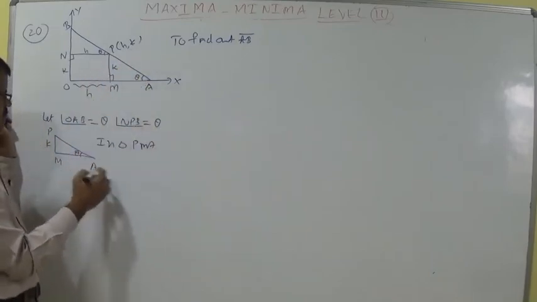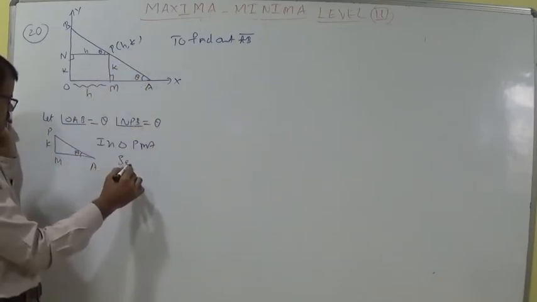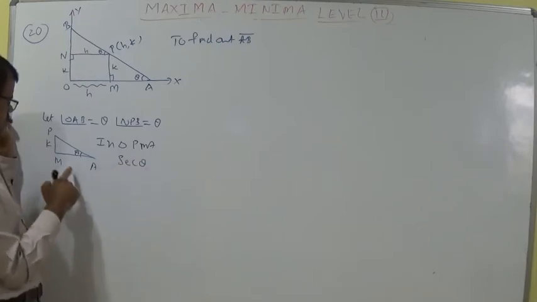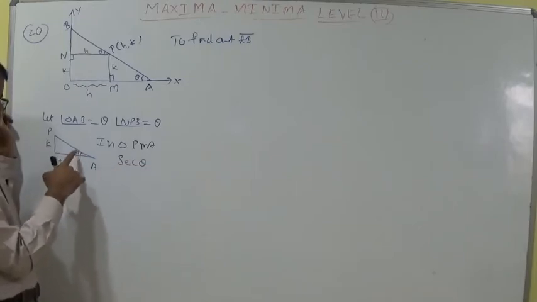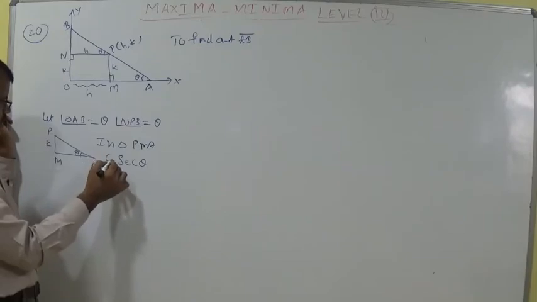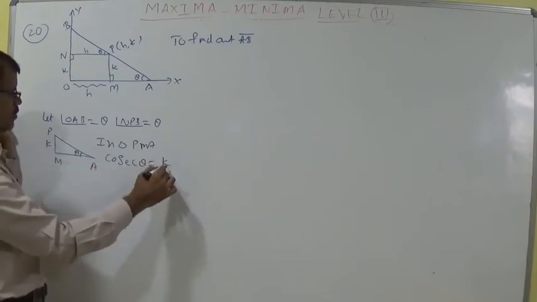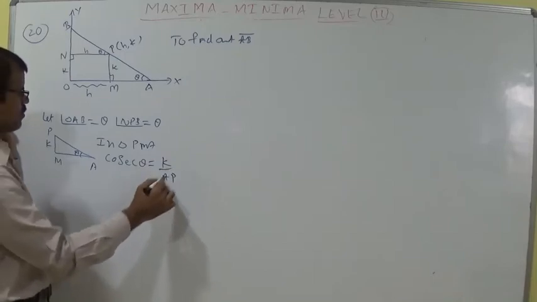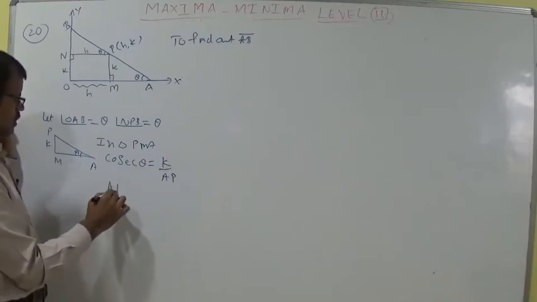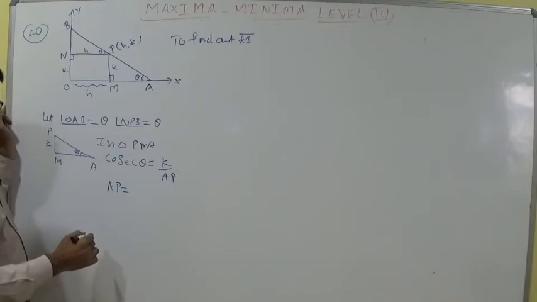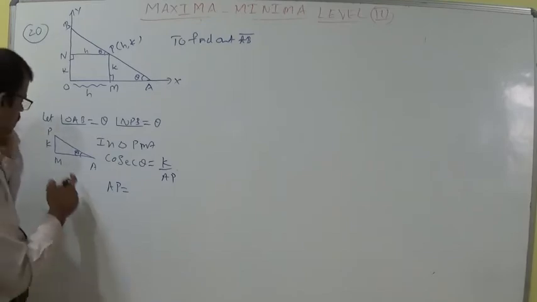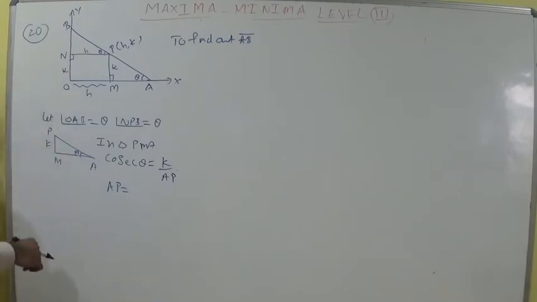AP means let us write secant theta. Secant theta is adjacent side by hypotenuse. So no need to write secant here, you write cosecant theta is equal to K by AP. K by AP is sin theta, students.